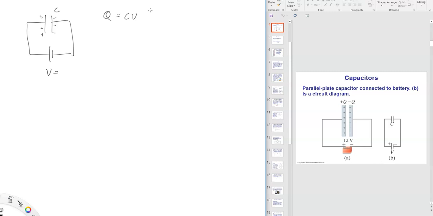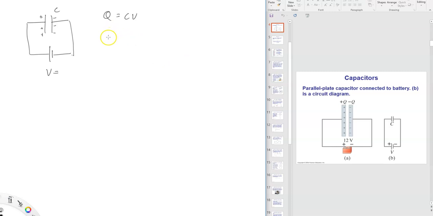Now let's say we have a circuit and we want to change the capacitance. We can do that by adding multiple capacitors. Instead of one capacitor, we can add 2 or 3 more. That changes the capacitance of the entire circuit. There are 2 ways to do that.